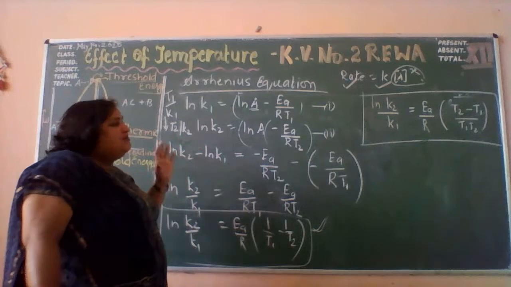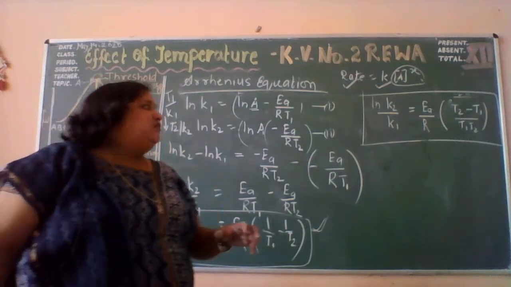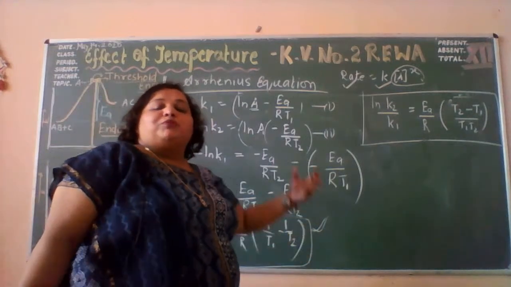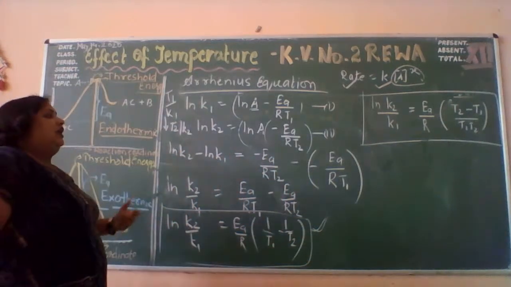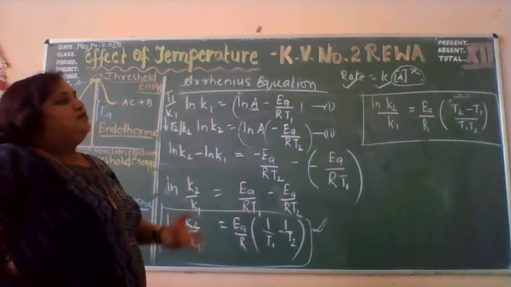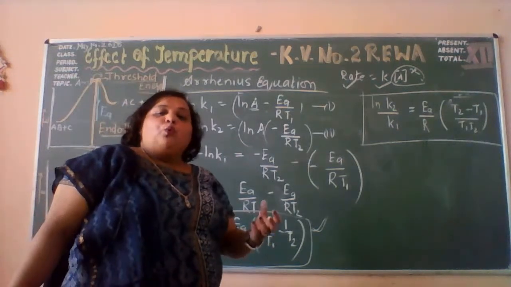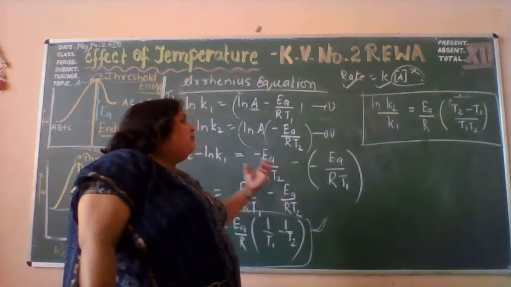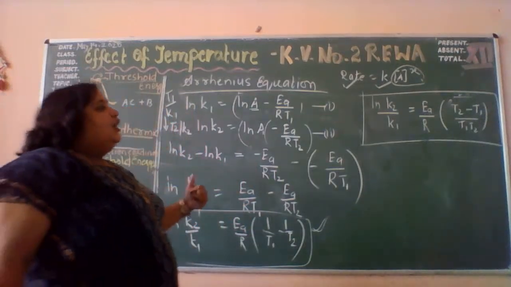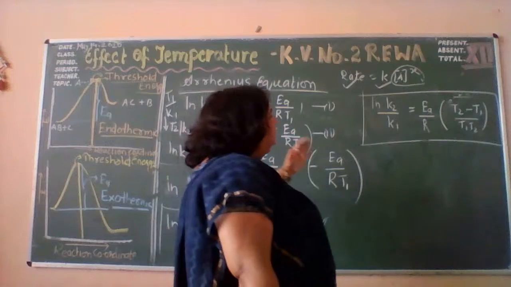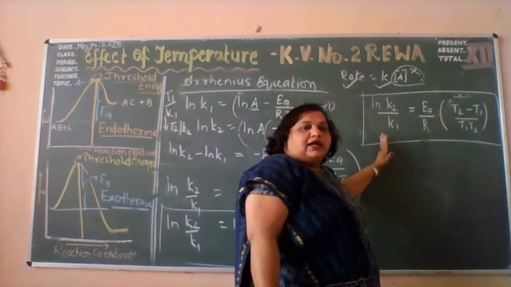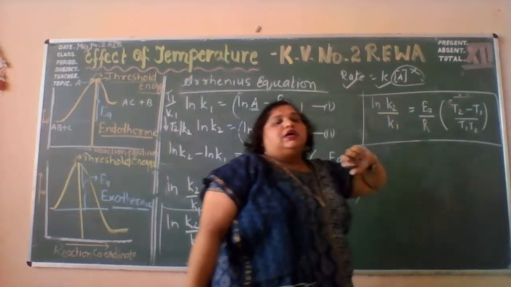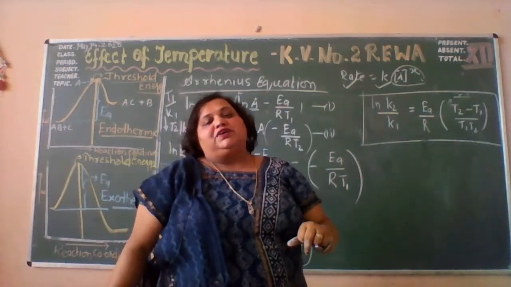I'm just telling you what kind of questions are being asked from this chapter, from this particular topic. Two to three types of numericals are there. Once, the rate constant K may be given for two different temperatures, and you have to find the value of the energy of activation.